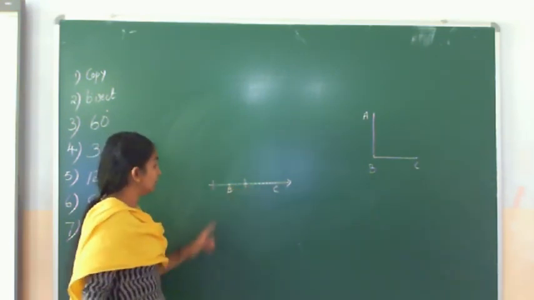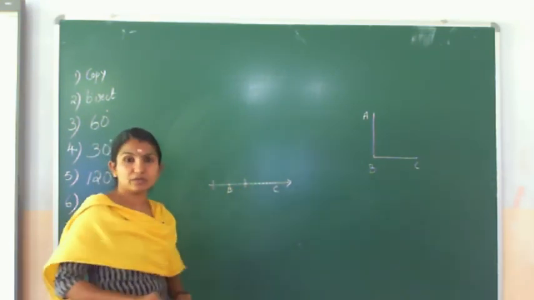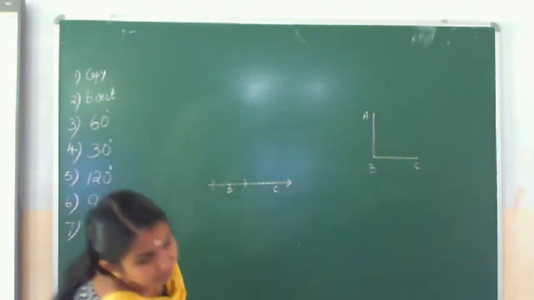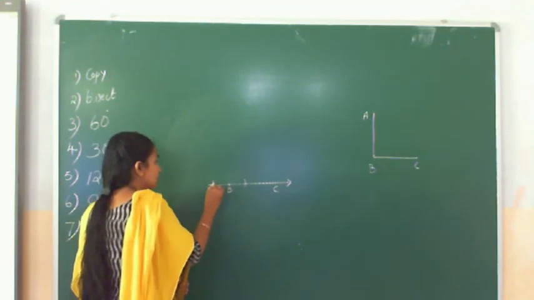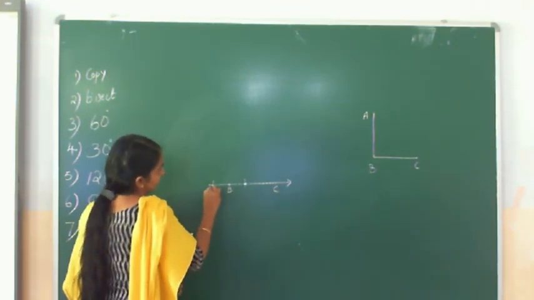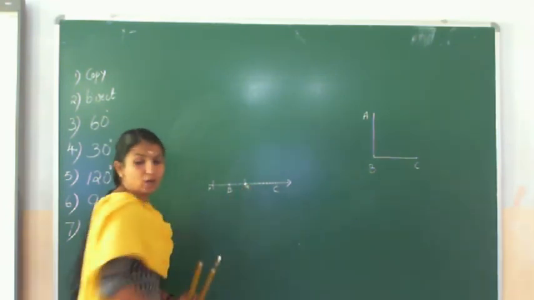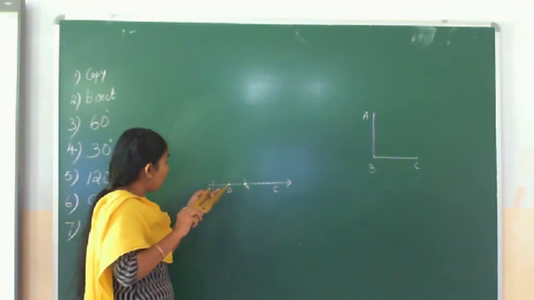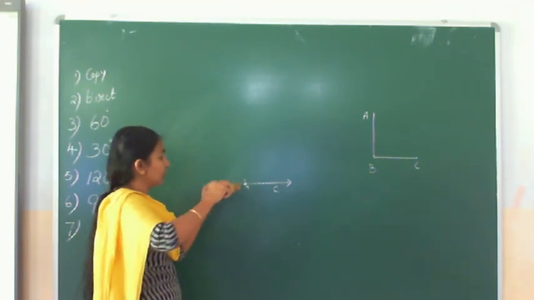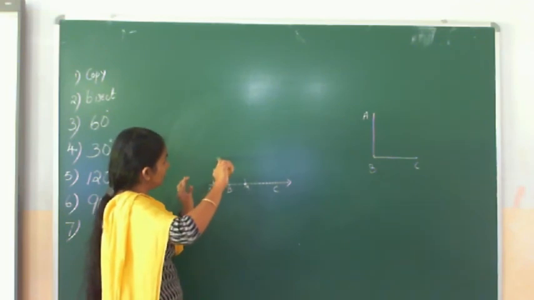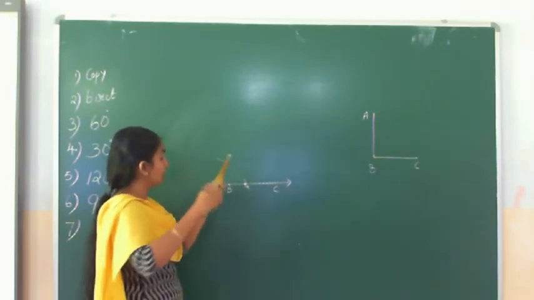Arc completed. So 2 arcs we got. After that, take these 2 points. Can make it as P and Q. Now this PQ we have to take. More than half of it we want to take here. Okay, more than half. Arc in the top.